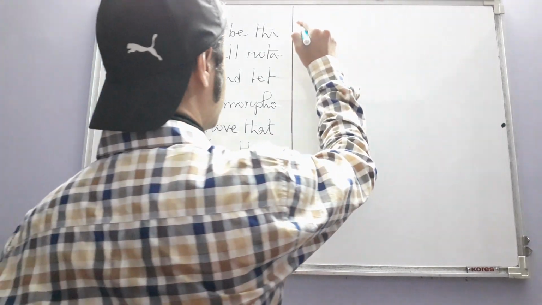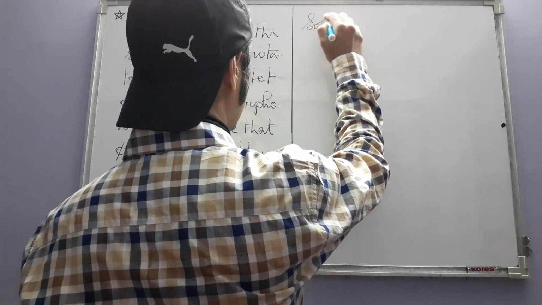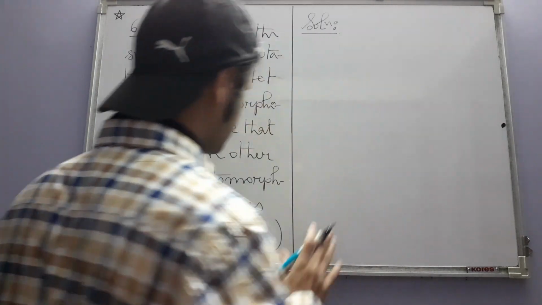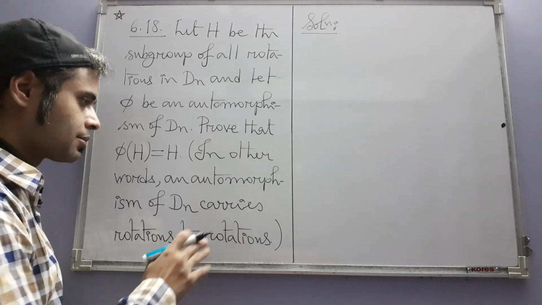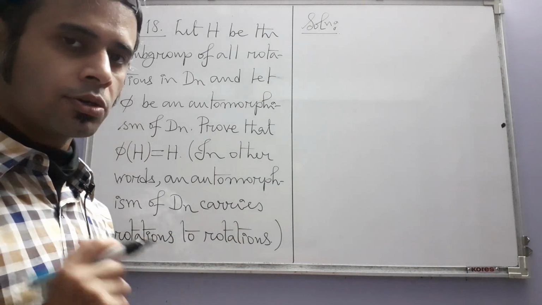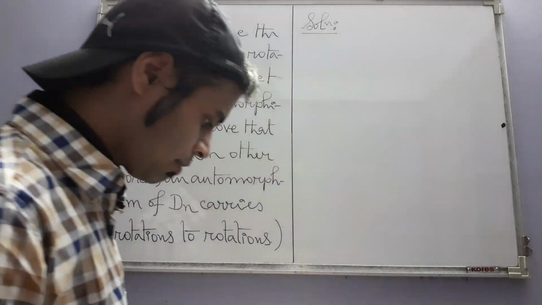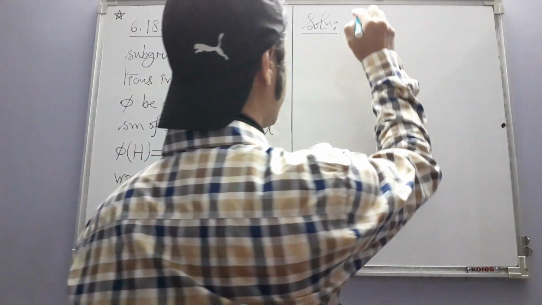And in the solution, in the beginning itself, we are going to use that result which gives us the basic properties of automorphisms of groups, and that is theorem 6.3.